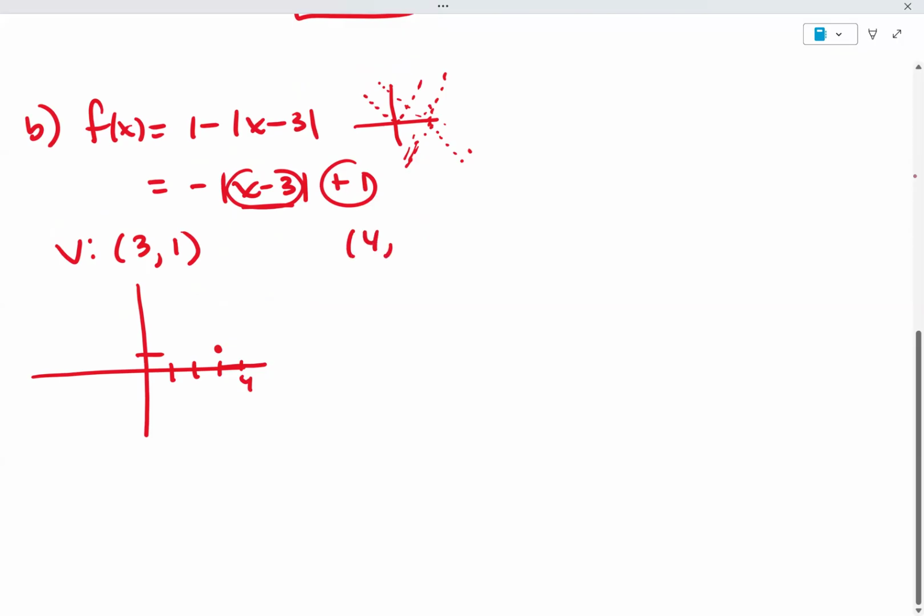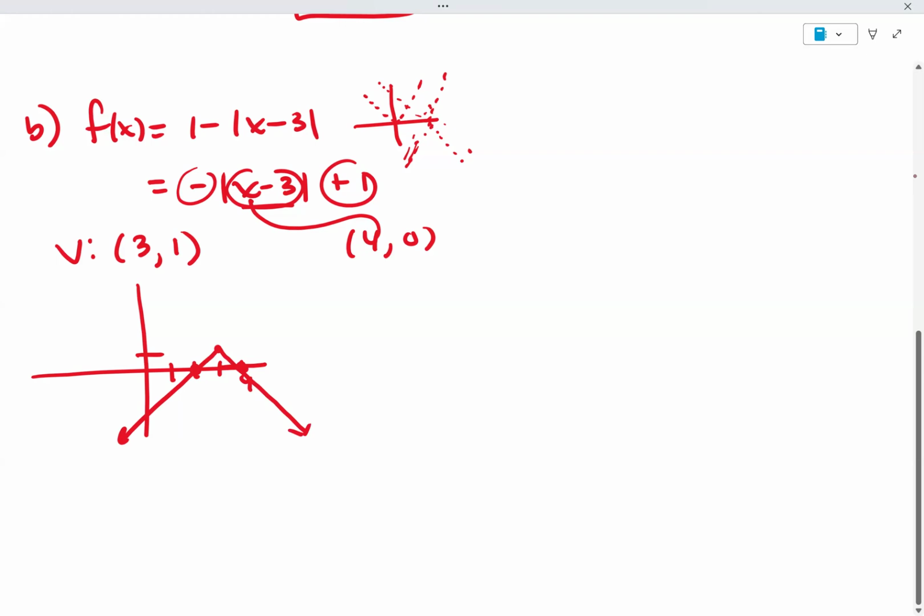I'll substitute this in, and 4 minus 3 is 1, and its absolute value is 1, times the -1 out here in front is -1, plus 1 is 0. So it's (4, 0). And another point to the left will be the same output, because again, absolute values are symmetrical. So I'm not surprised that my absolute value is flipped upside down because of the negative leading coefficient in front.